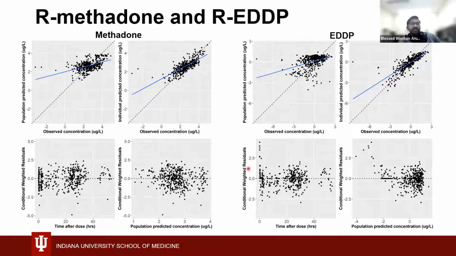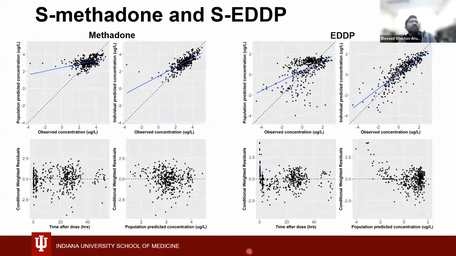You can see there is a bit of under prediction here and here in the lower concentrations and in the initial part of the concentration time profile. It was similar for R methadone. You can see that the fit is similarly good.